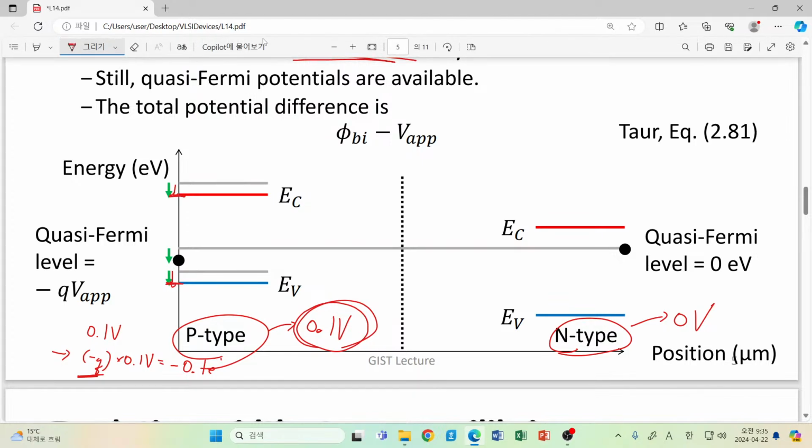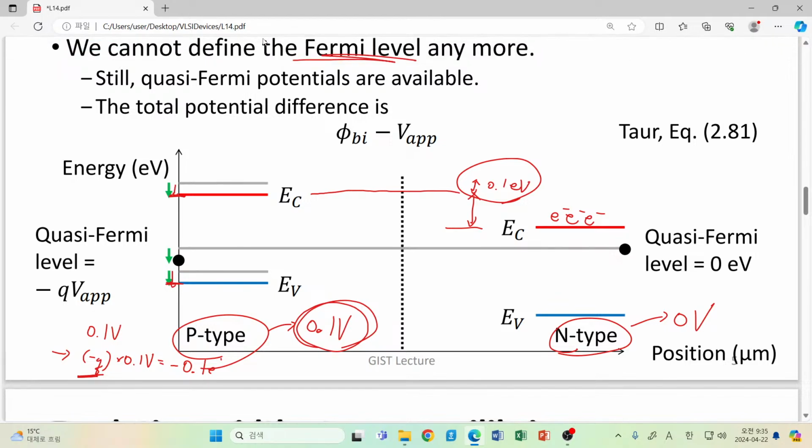So everybody can understand now that the potential barrier seen from the n-type region can be reduced by an amount of just 0.1 electron volt if we apply positive 0.1 volt. So are you all with me? Okay.